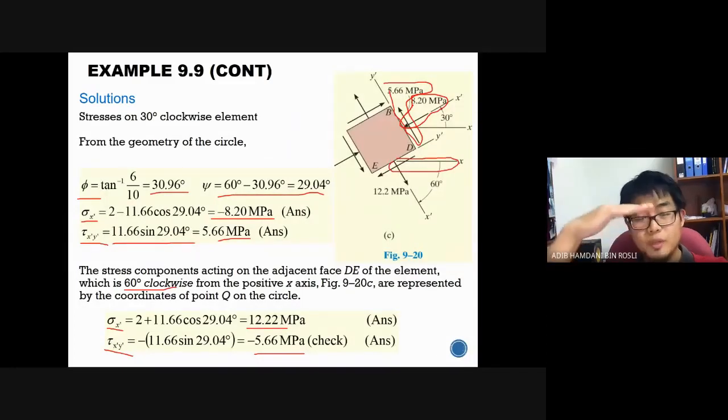You rotate from x, the reference, which is point A. You rotate 60 degrees clockwise, you will reach your tensile stress of 12.2 megapascal, and you will have your shear stress of 5.66 megapascal, and it goes down. Why? Because it is minus. Of course the rest will be complementary, right?